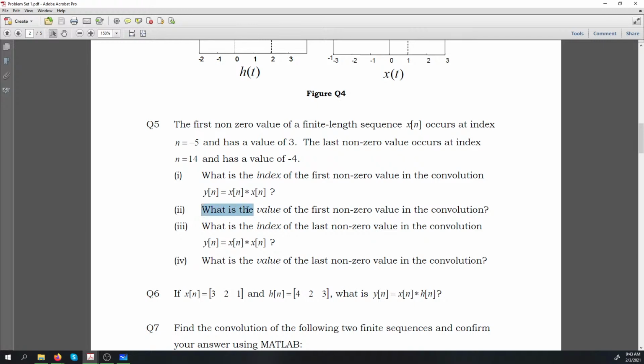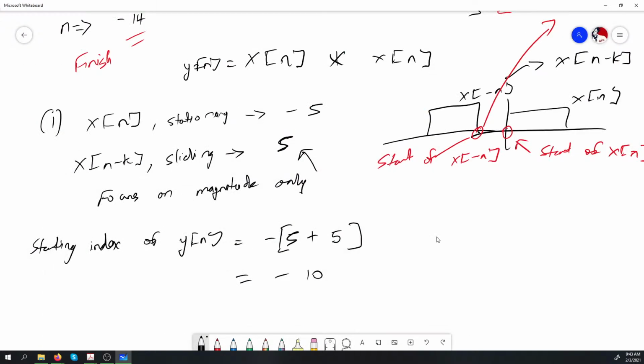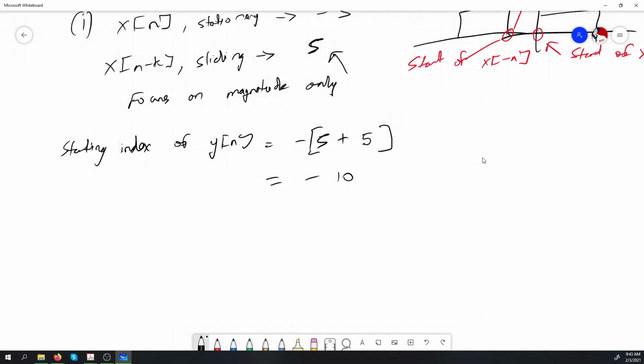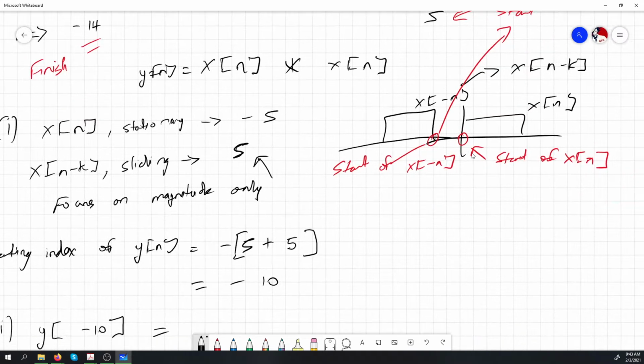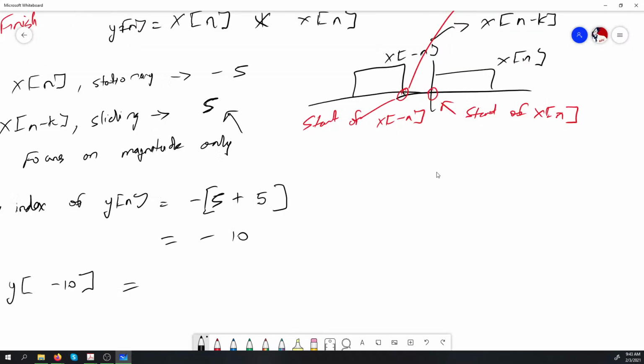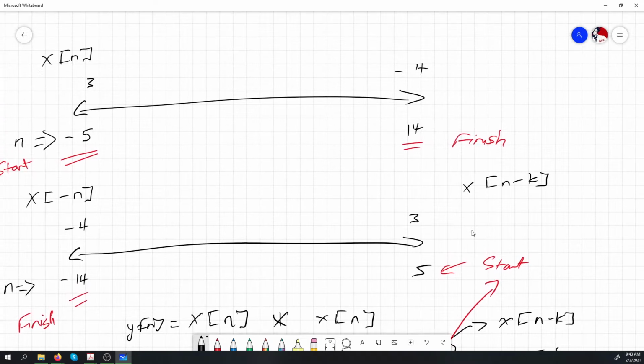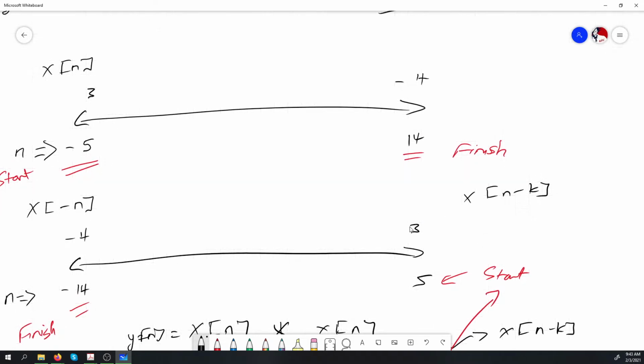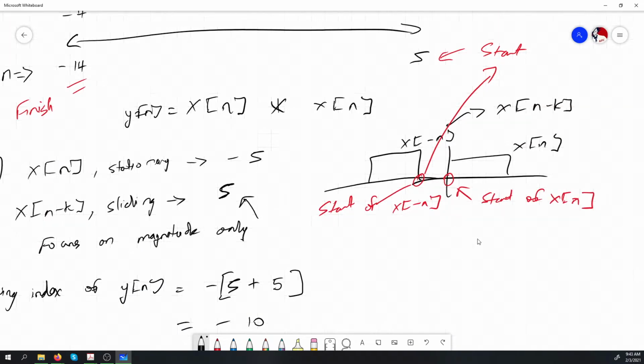So part 2 of the question is, what's the value of the first non-zero value in the convolution? That's actually pretty simple at this point. With y of minus 10 being our start value here, we just look at what our starting values were. So this here was 3, and this here was minus 4. So we just multiply the two together.